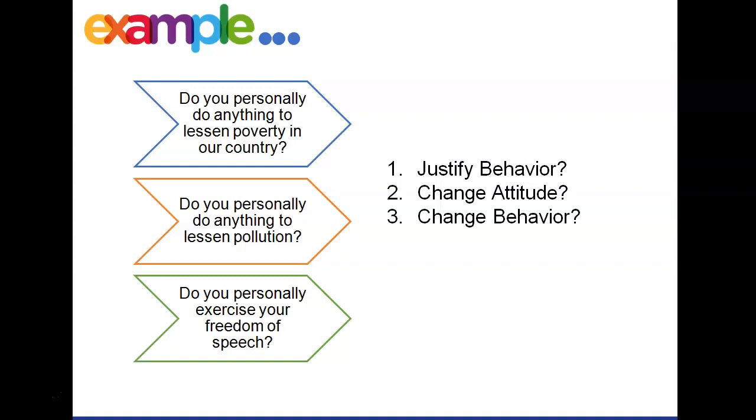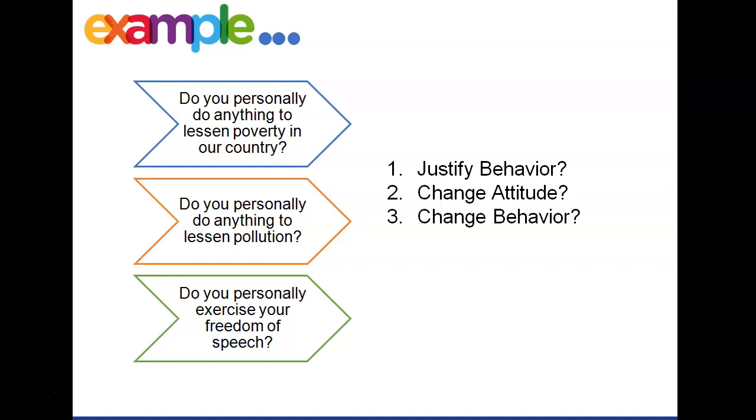Are our behaviors matching that attitude? Do you personally express your freedom of speech? All of these are examples of things where a lot of individuals can sometimes experience this dissonance, where we all know certain things that are wrong, but then we don't act upon them, and it makes us feel uncomfortable.